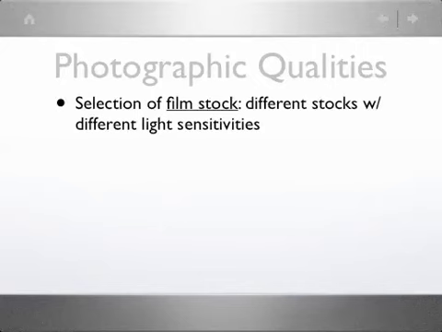Some film stocks are designed to be used in indoor artificial lighting situations, and other types of film stock is designed to be used in exterior outdoor situations where you have natural light, provided of course by the sun.